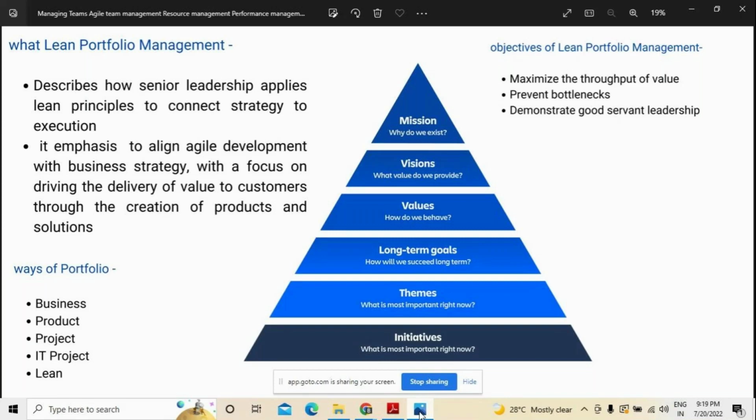Second, through this lean portfolio management, there are more chances where we can prevent the bottlenecks, meaning last-minute implementations, last-minute changes, or last-minute observations can be prevented, because last-minute changes or updates may lead to a decrease in quality.